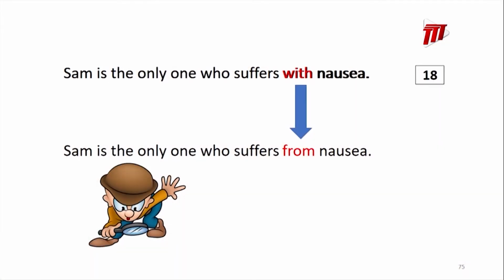The only way you're going to learn them is by heart. Some prepositions only go with some nouns, so you have to know where they are used. In this case, we never say suffer with. It's always suffer from. Sam is the only one who suffers from nausea. Learn your prepositions.